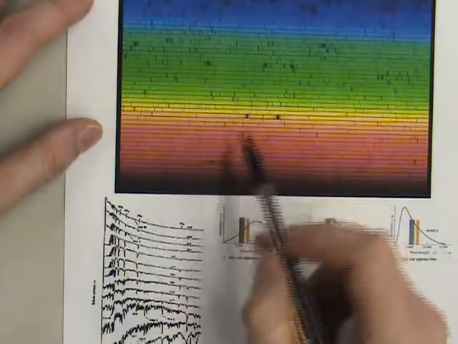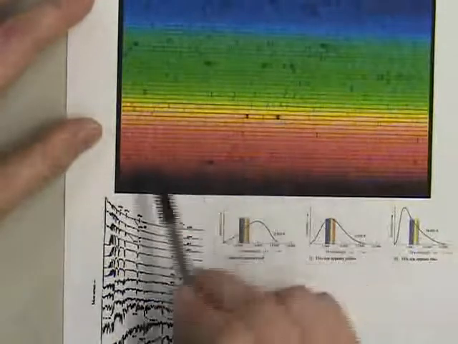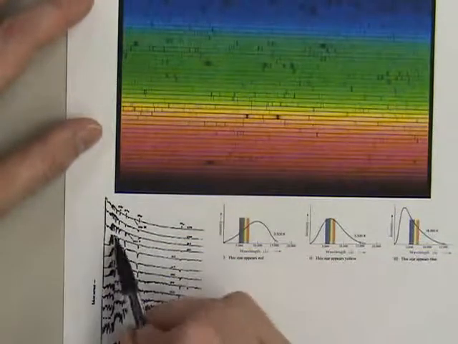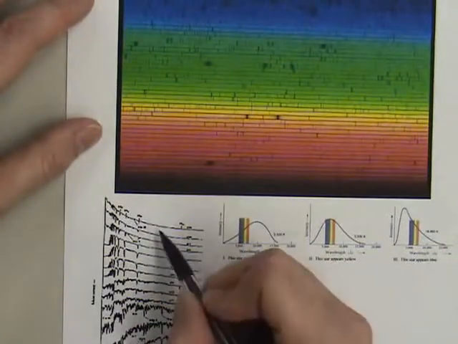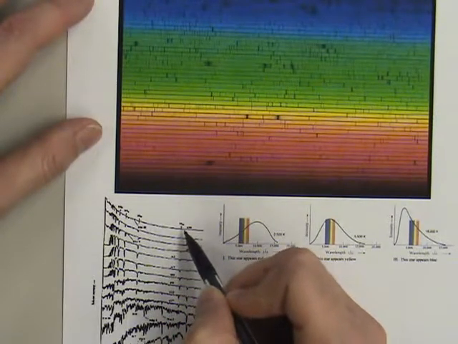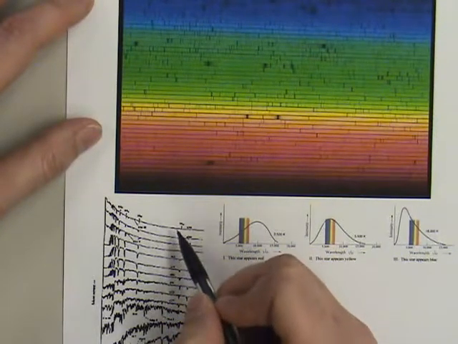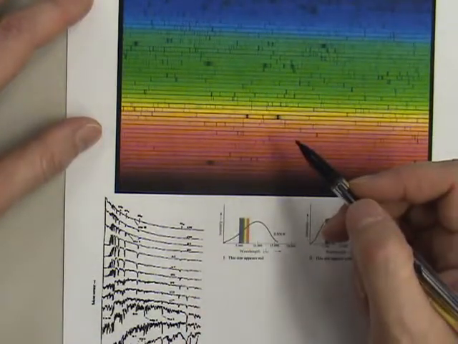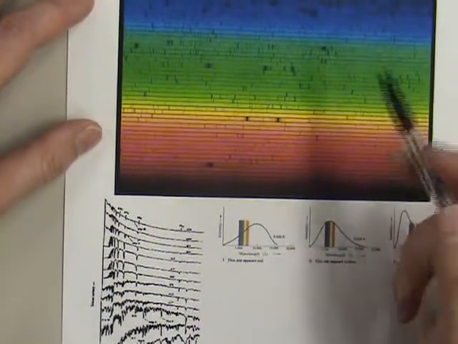Now obviously, this entire spectra, which goes back and forth across the page about 30 or 40 times, is all being jammed into this little space. So it's very difficult for us to see the little dips in here, where the amount of light is greatly reduced because that's being absorbed by the atoms in that particular star's atmosphere.